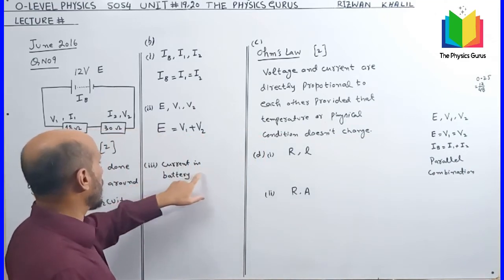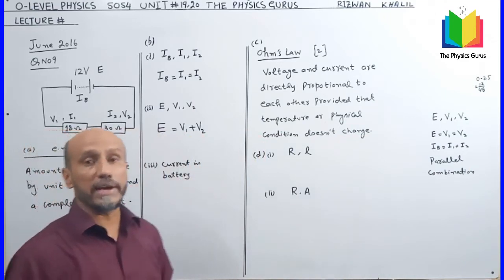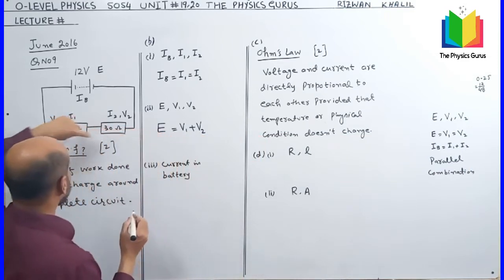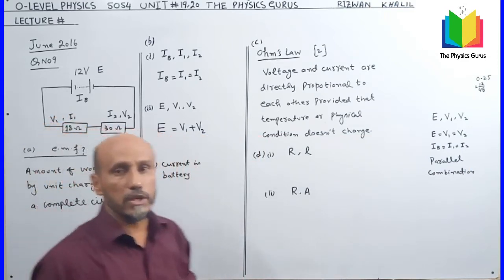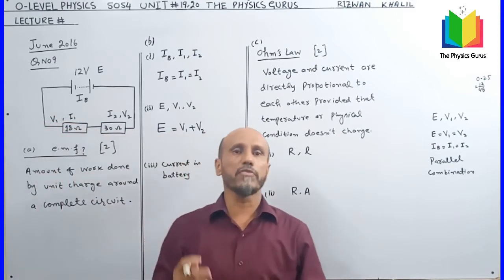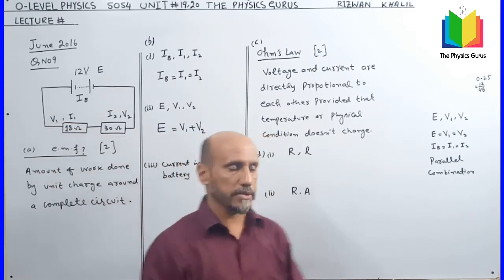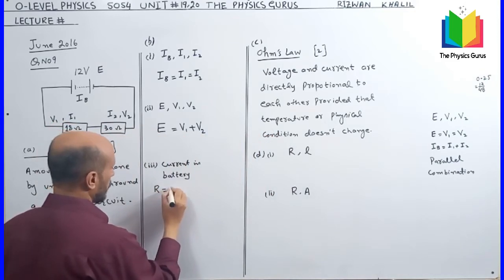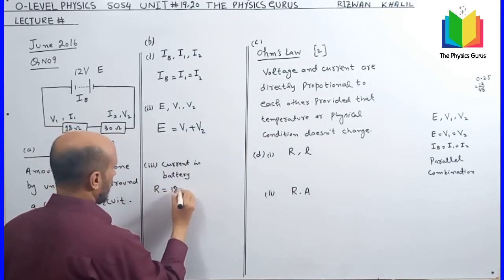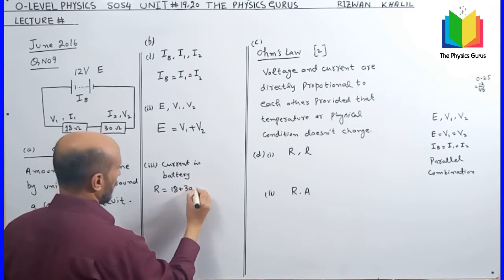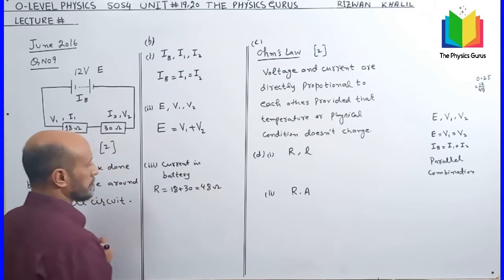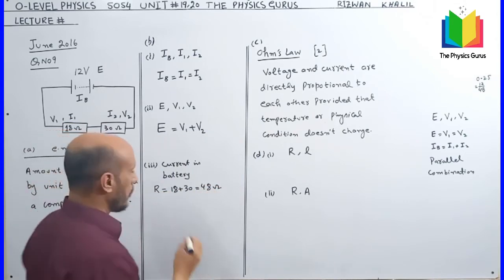Number 3, current in the battery. It means we have to find the total current. Since these two resistors are connected in series, first of all we have to find the total resistance. So R is equal to 18 plus 30 ohm, which is equal to 48 ohm. Now apply Ohm's law.